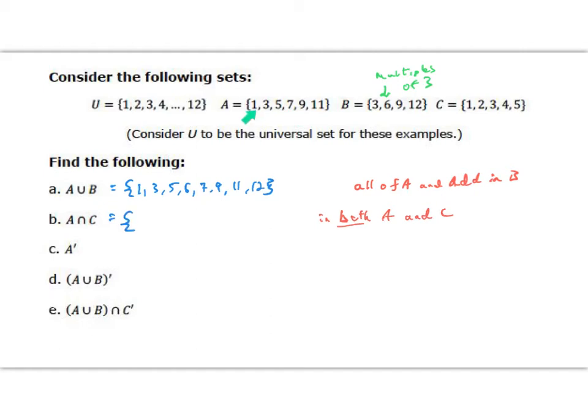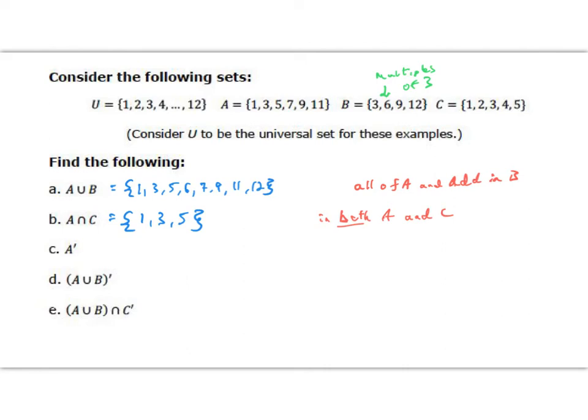Well, as I look here, I've got odd numbers only in A, and I do have a mix of odd and even. So I guess all I need to do is look at the smaller set and notice that 1, 3, and 5, they are in both A and C. So those are the items that must be in the intersection.